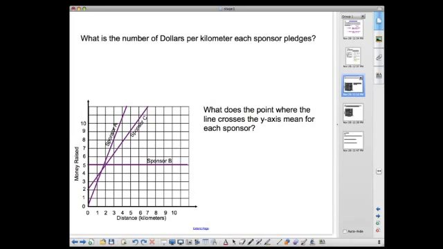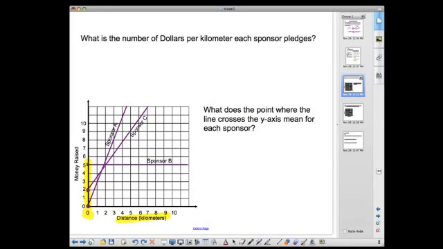And basically what it's telling you is that at the distance of 0, where my x value is 0, this is the amount of money that my sponsor is going to give me. So before I even travel at all, what amount of money will my sponsor provide?